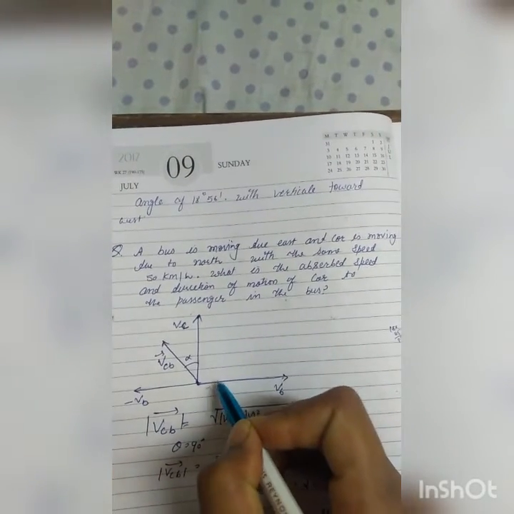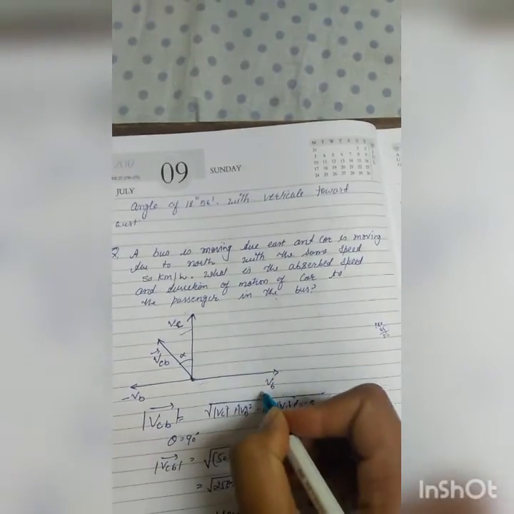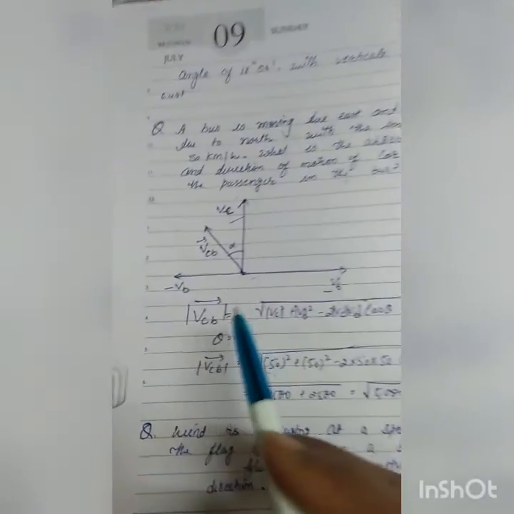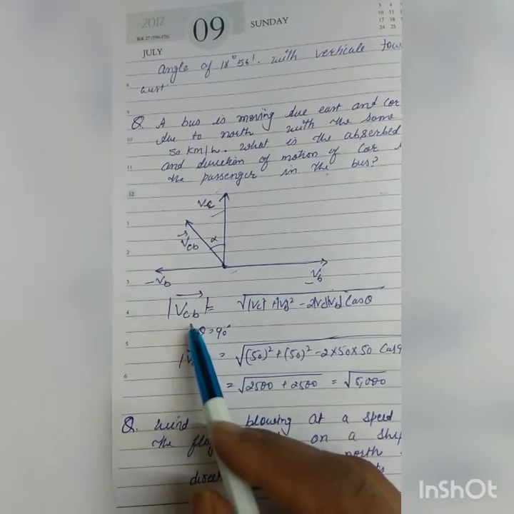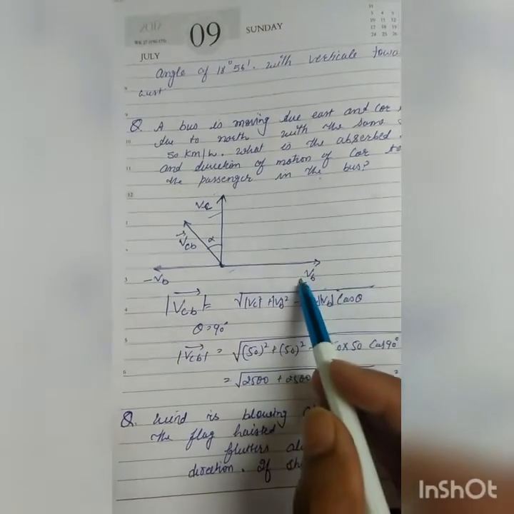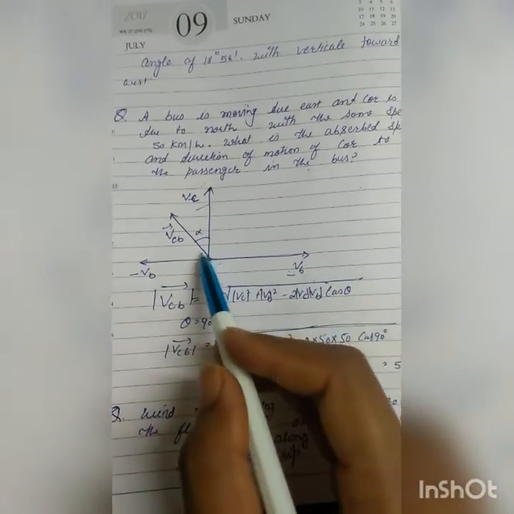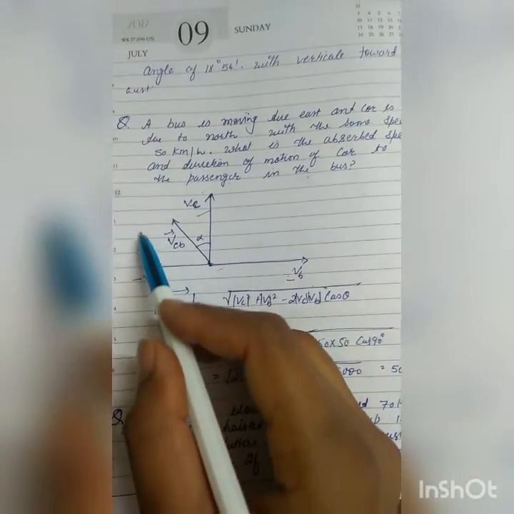We have to find the relative velocity of the car with respect to the bus. In order to find it, we have to reverse the direction of the velocity of the bus and complete the parallelogram.